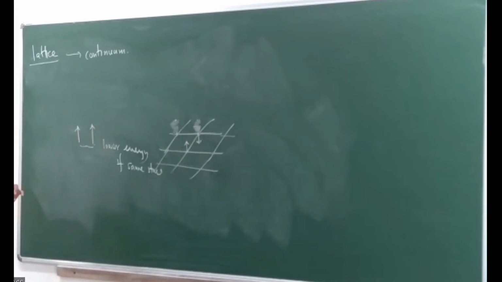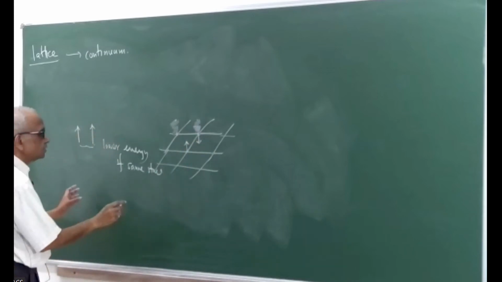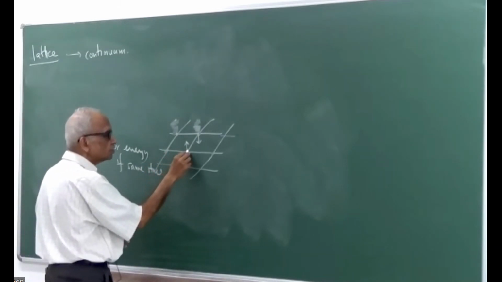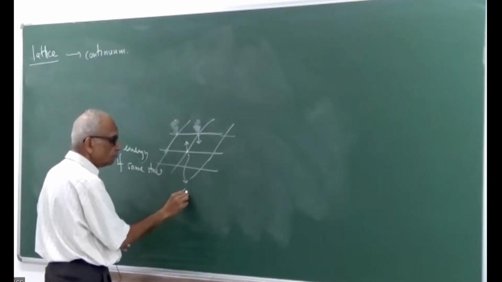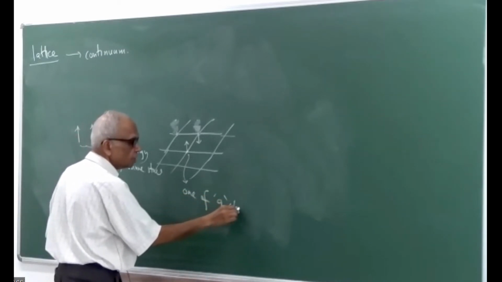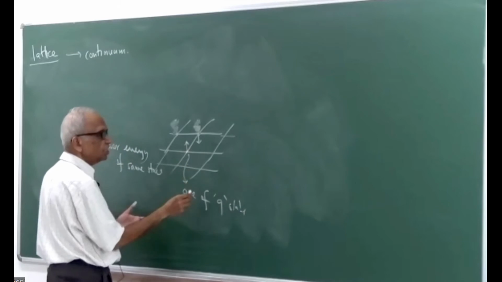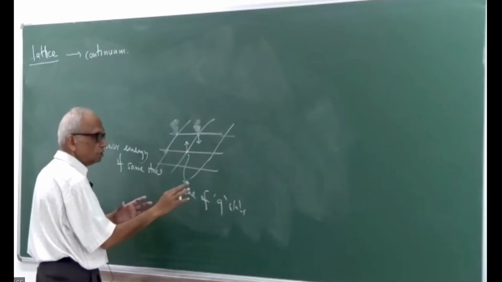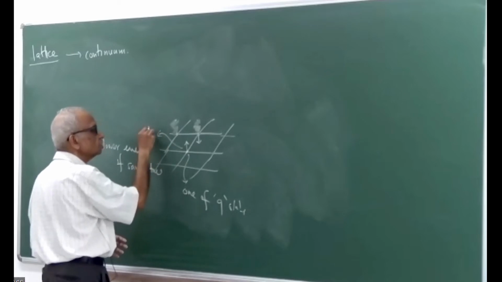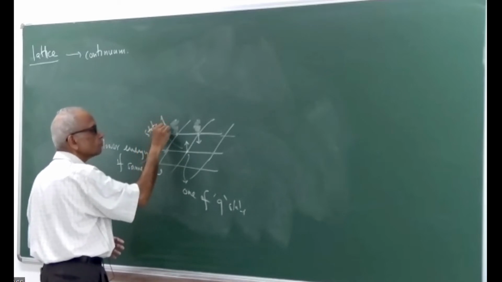With the Potts model, there are Q possibilities. So over here, the spin may be in one of Q states. Let's say it is in state 1. There are Q states available to you, and this is state 1.